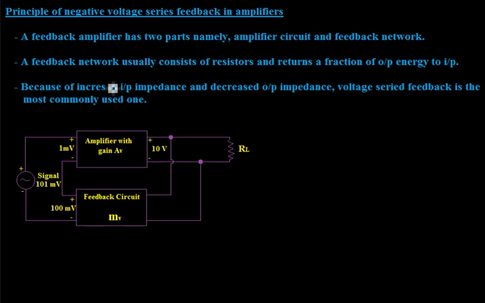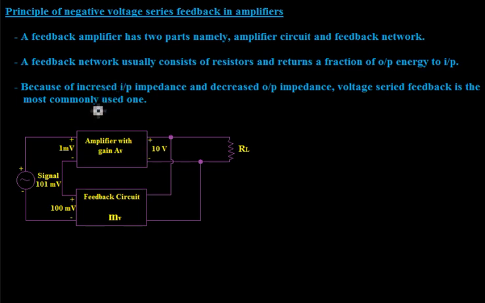Out of the four different feedback connections, namely voltage series feedback, voltage shunt feedback, current series feedback, and current shunt feedback, the voltage series feedback is the most commonly used one because of its increased input impedance and decreased output impedance, which is capable of achieving impedance matching in the case of a multi-stage amplifier.